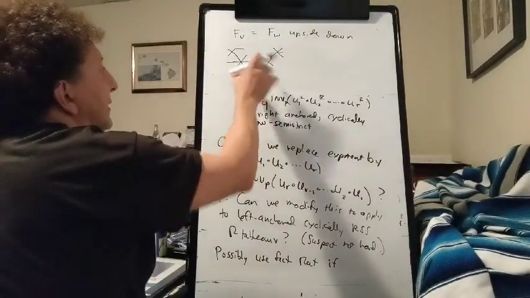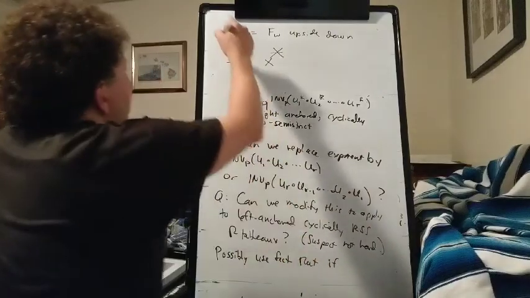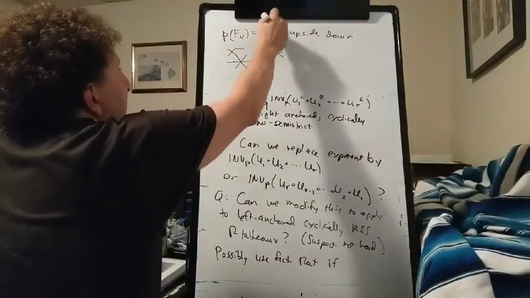Now this isn't a descending star network anymore, so maybe I should say P of this equals P of that upside down.